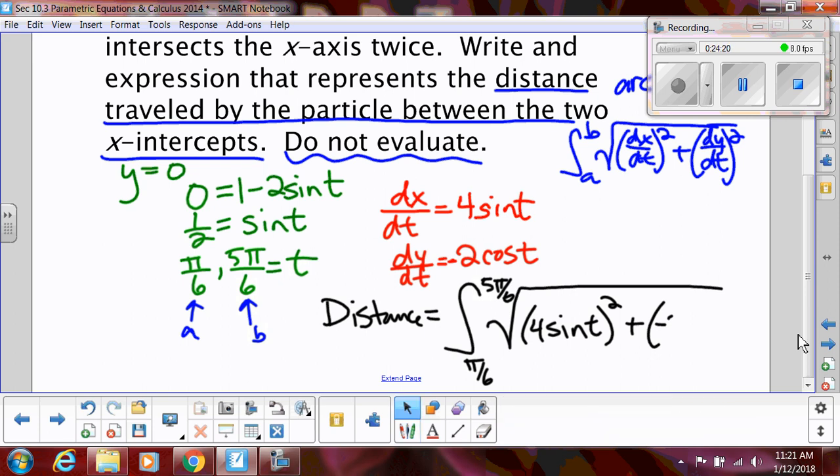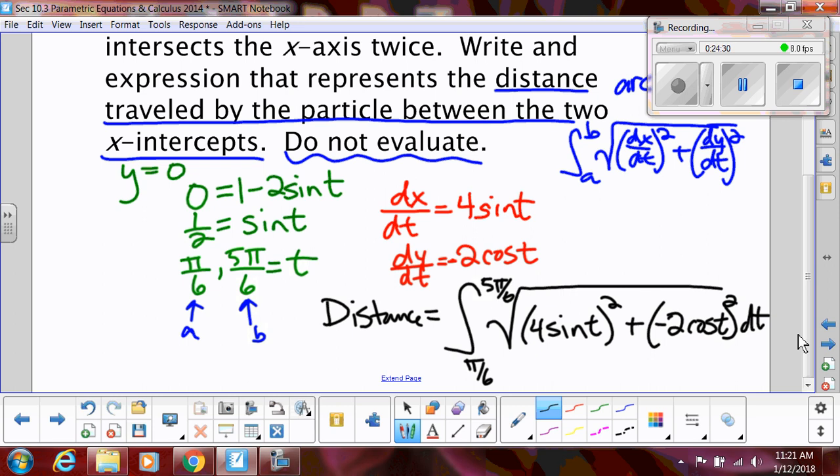That's my bad. I was wondering where I got this negative here. This is a negative 2 cosine of t squared dt. All right, and that's all you have to do for that one.